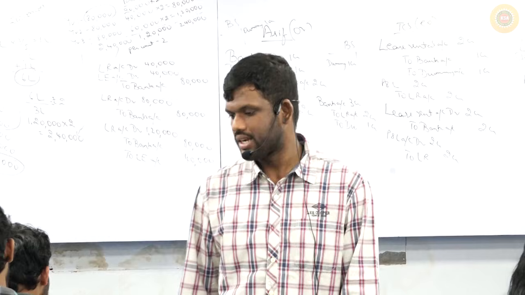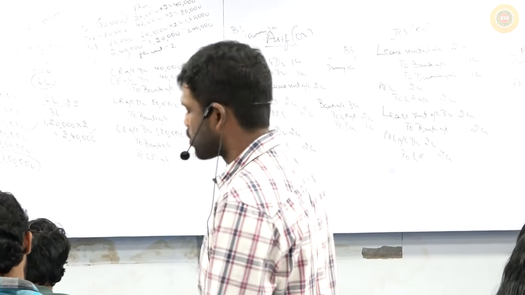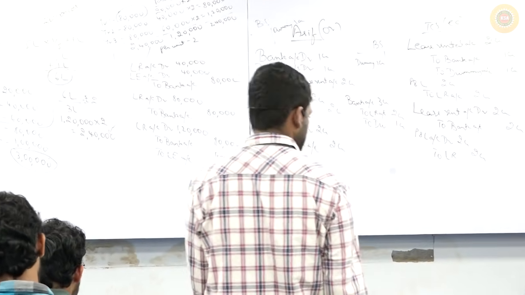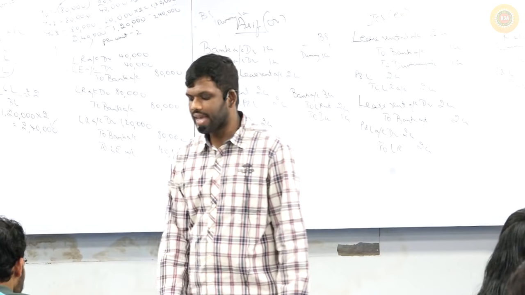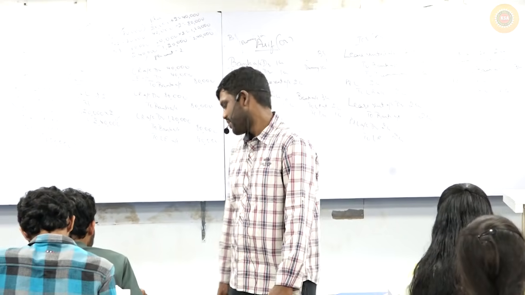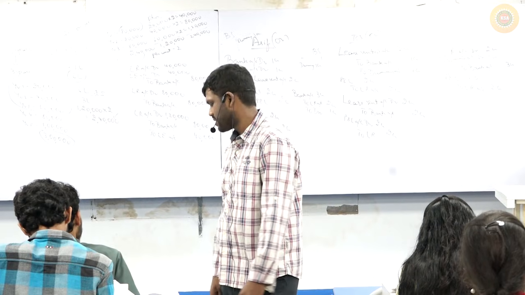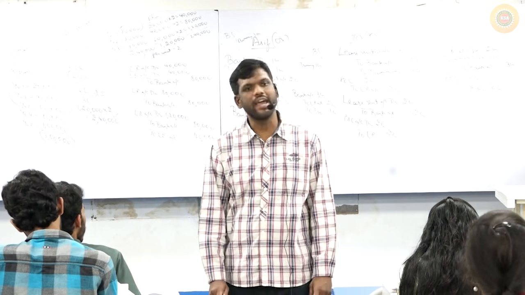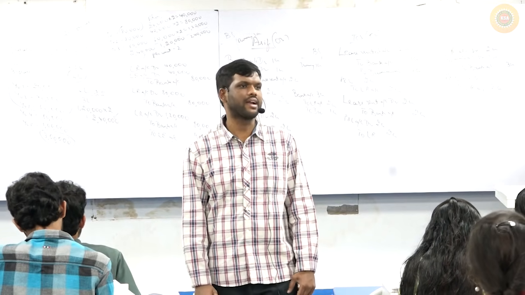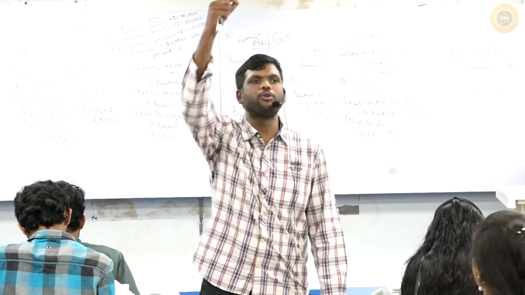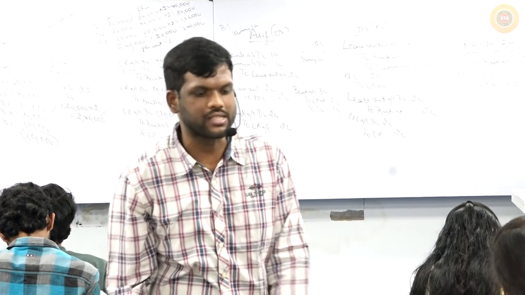So 40,000 into 0.5, 20,000 will be first year depreciation. Second year depreciation, 50,000 into 0.5, 25,000. Third year, 60,000 into 0.5, 30,000. Able to understand? In the ratio of output you are charging the depreciation.